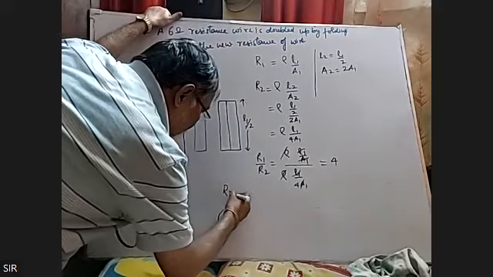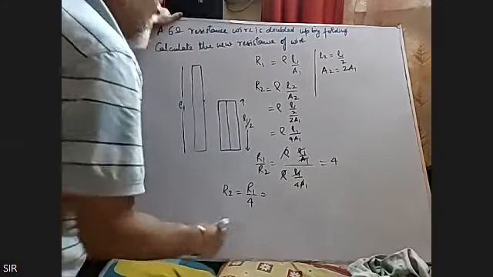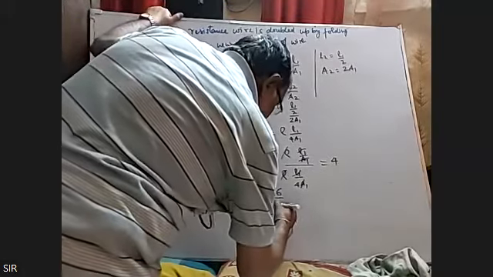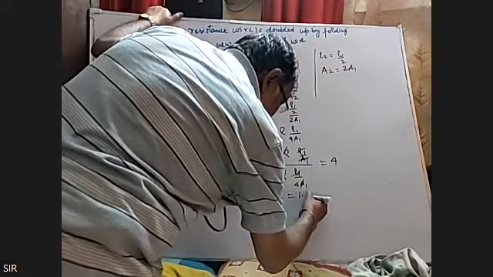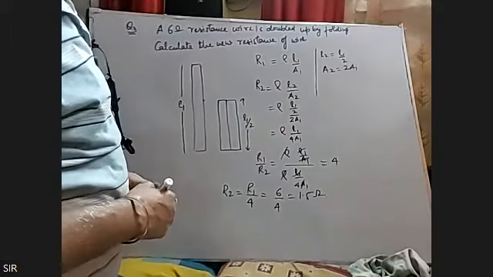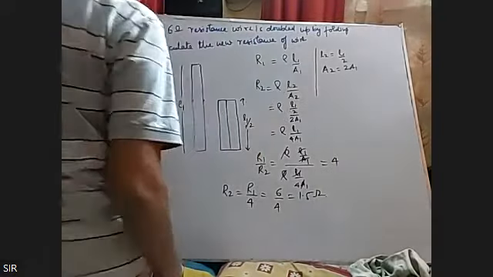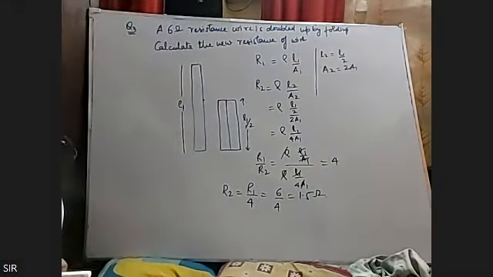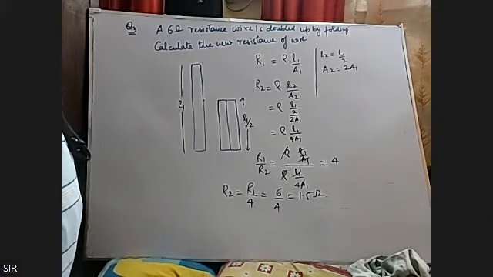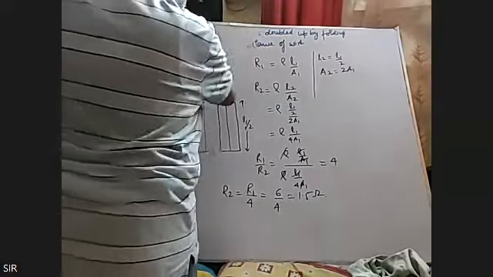Therefore, R2 is equal to R1 upon 4, that is 6 ohm upon 4, that is 1.5 ohm. Right? You could have taken only L also. That is not necessary. Yes, sir. Okay.